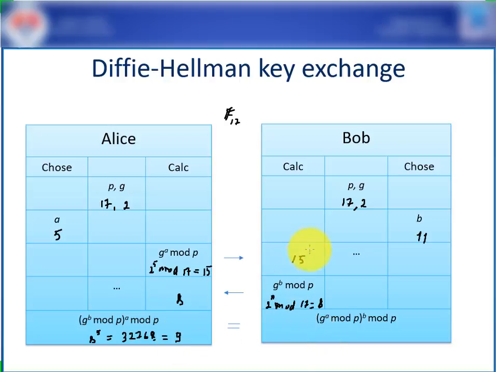Bob received the number 15, so he takes this number 15 and raises it to power 11 and calculates it modulo 17, which also resulted in 9. So this 9 is further used as a key for symmetric key cryptosystem. And this is how the Diffie-Hellman key exchange protocol works.